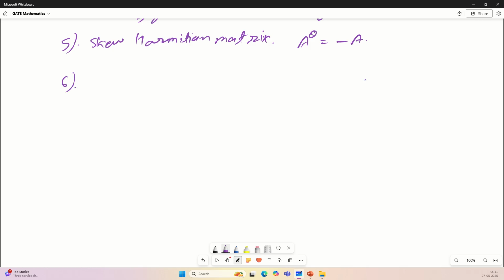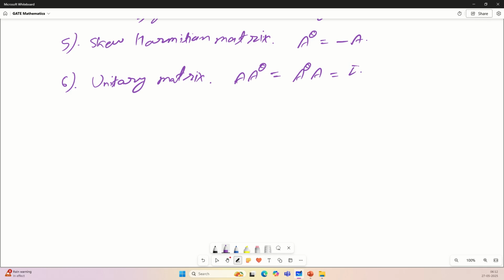Next properties in special matrices is you can write down unitary matrix. In unitary matrix, you can see that we have A into A theta must be equal to A theta into A is going to be equal to I. Understood?